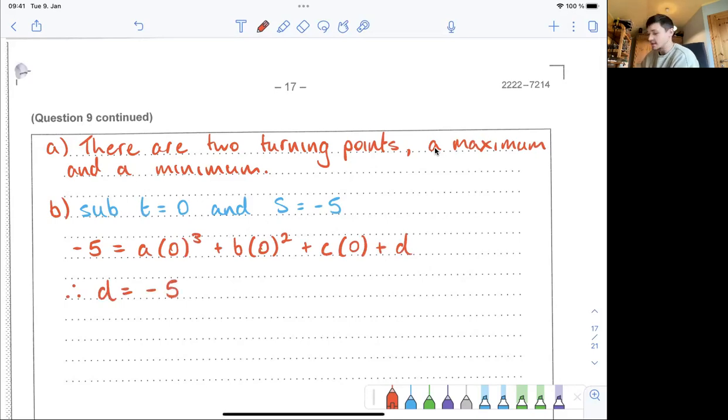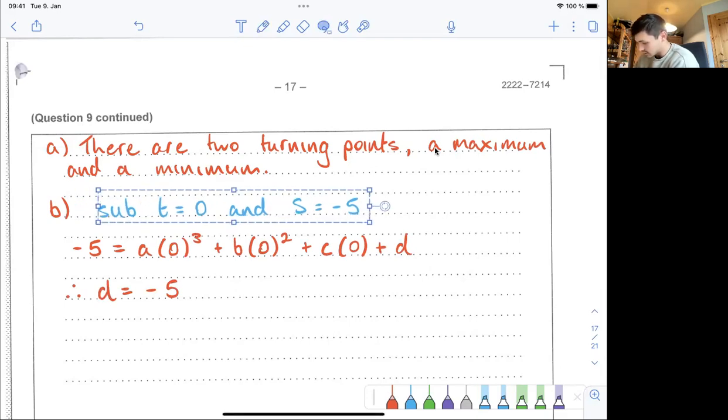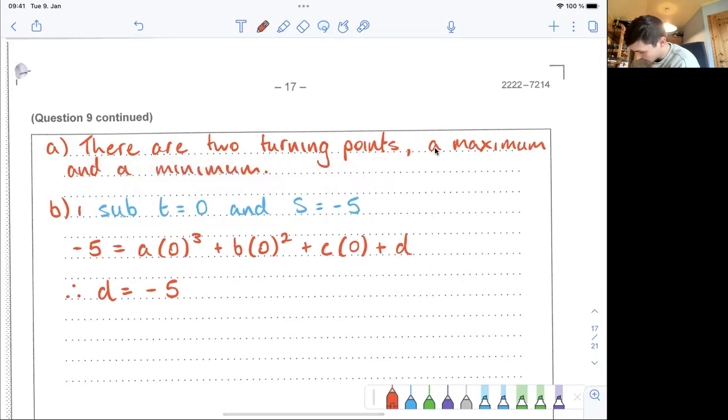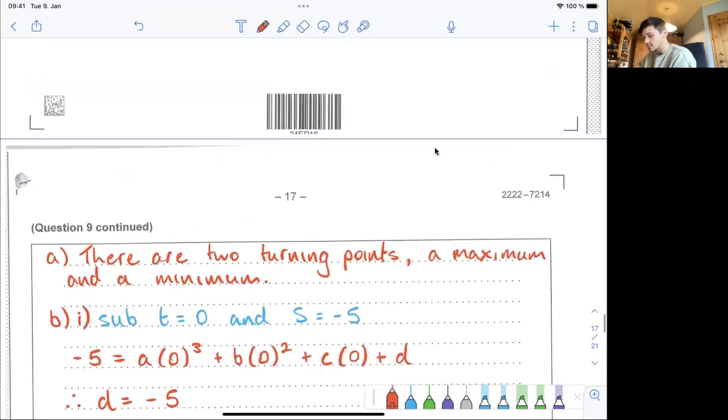And so there is the answer to part B1. So I should probably bring this over and we'll put part 1 in there. All right, let's move on to part 2.